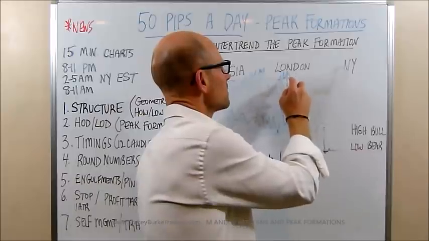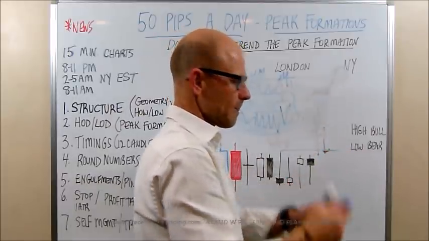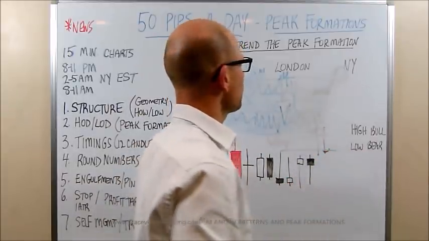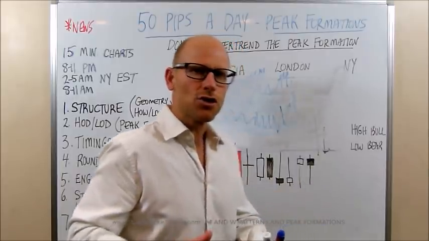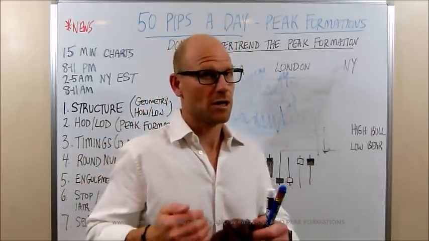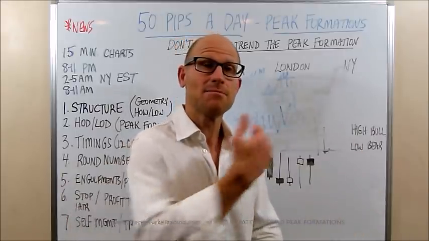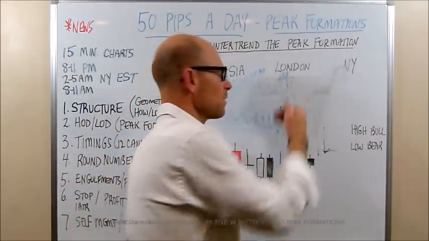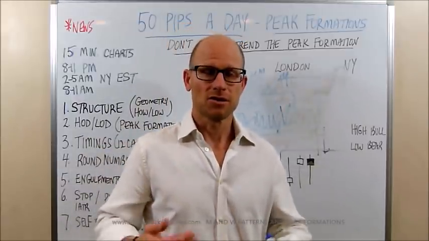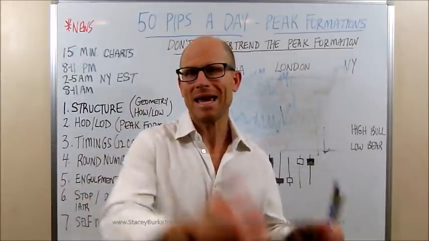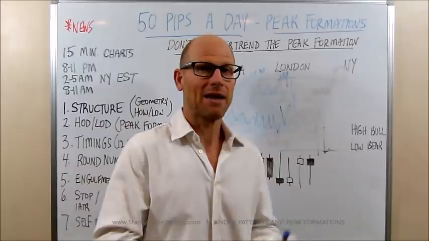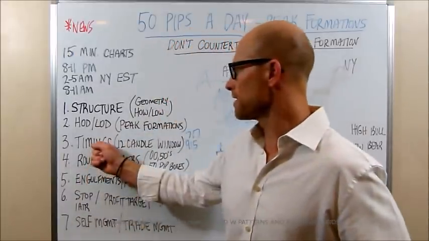Okay, so you've got your M and W formations, but if you understand when they're occurring, we talked about 25, 50, even 75 pip extended moves. Every time the market moves 25 pips, start paying attention to how the price behaves when it arrives at that level, and then the timings.